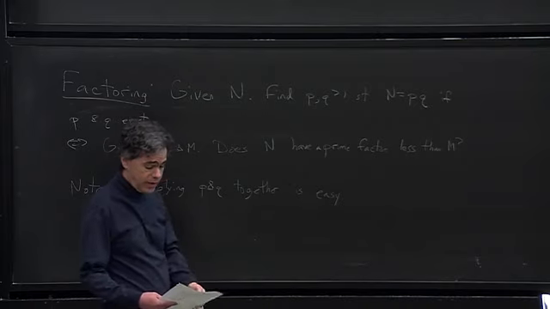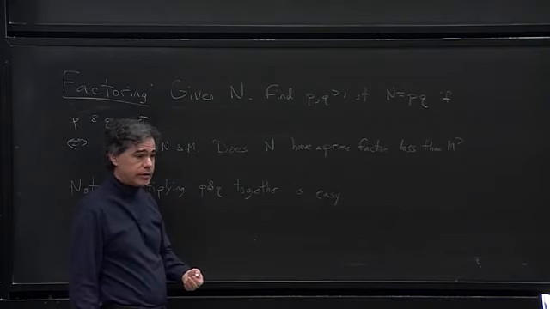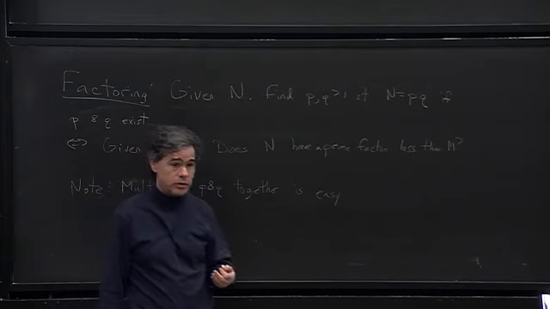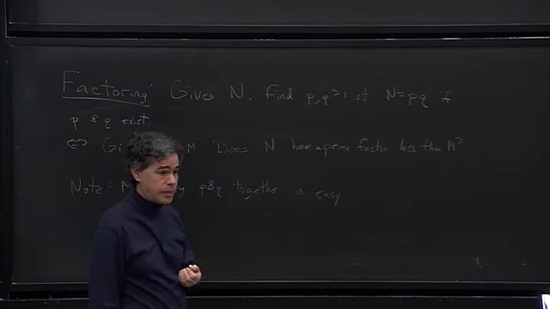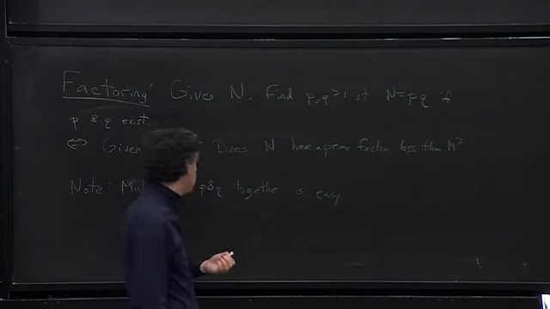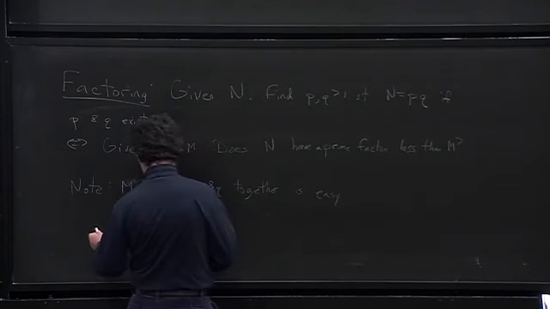And you can do much better than that. In fact, people have worked really hard to find good algorithms for factoring, for reasons that I'll get to in a minute.